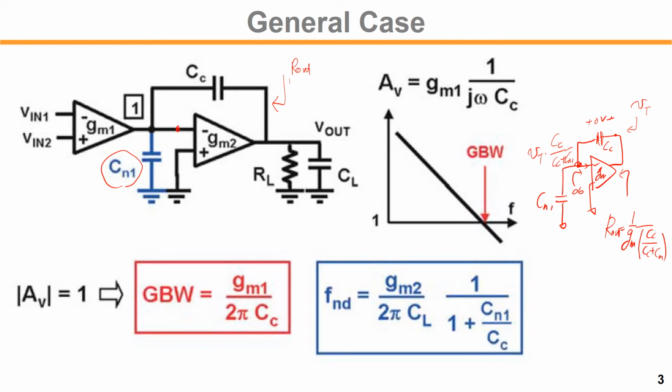So it becomes 1 over Gm times 1 plus Cn1 over Cc, something like that. So the non-dominant pole location would be modified by that factor, right?